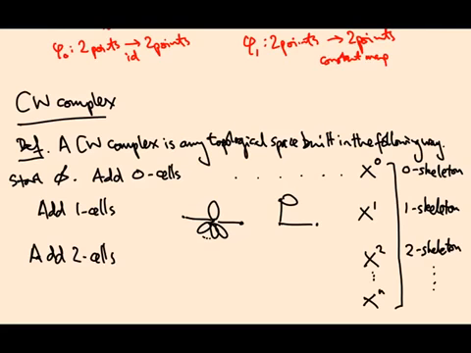So you only attach 1-cells to the 0-skeleton, you only attach 2-cells to the 1-skeleton, etc. I mean, it could be that you don't attach any 1-cells, in which case X1 equals X0, that's possible. And so you obtain a sequence of spaces, X0 inside X1, inside X2, dot dot dot, and you kind of want to make sense of X infinity. And then there's a slightly delicate thing you need to do.